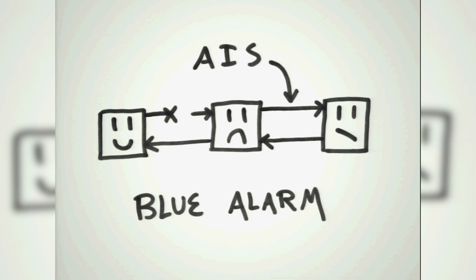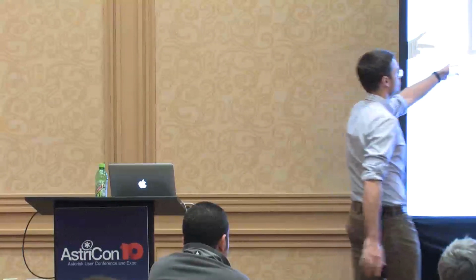What if there's a third box connected? Will both boxes be getting a blue alarm if the third link is broken? Where would it be connected? But a box can have more than one E1, right? So the middle box has two E1s connected to it. Oh, no. I'm sorry. This is the same link.